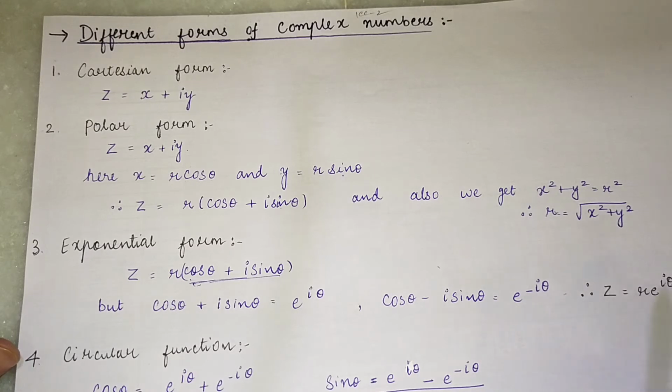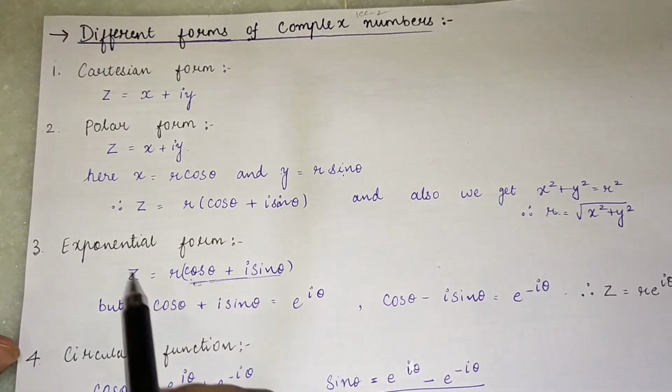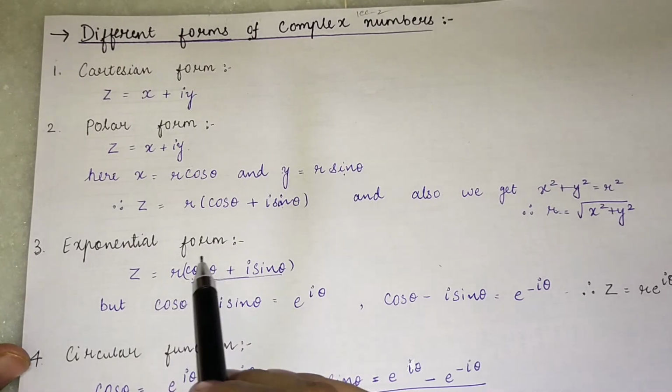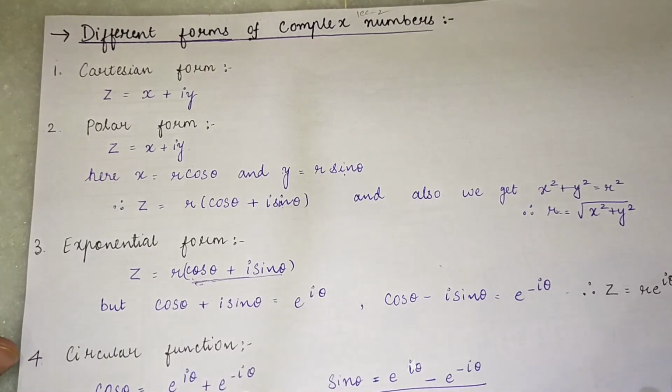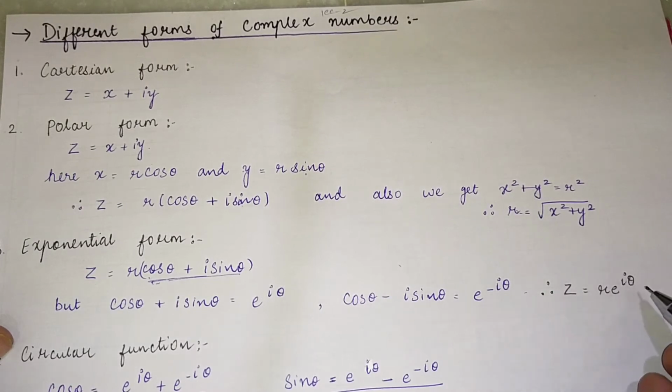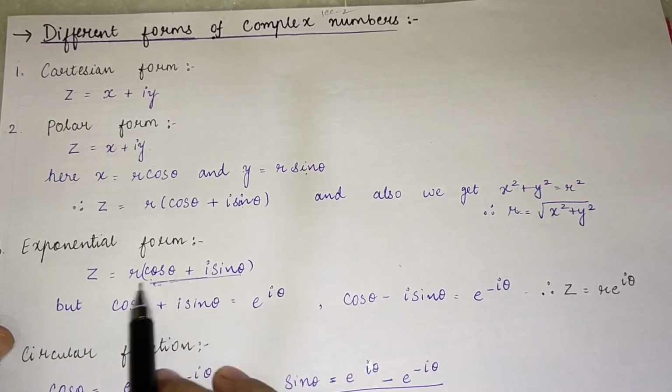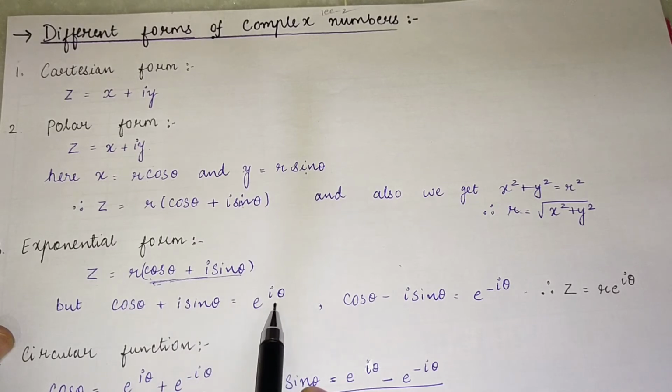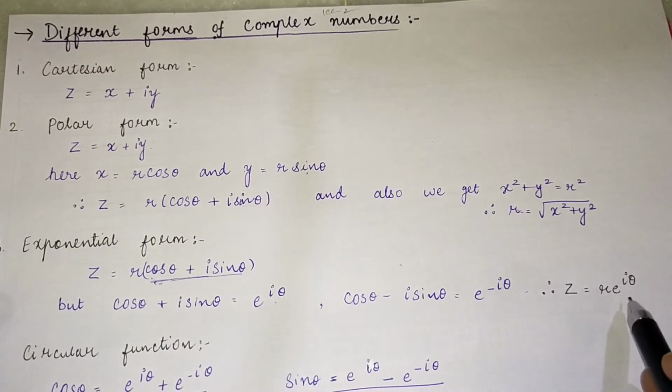Here the positive sign is there, so in place of this you can write e raised to i theta, so we get z equal to r e raised to i theta.